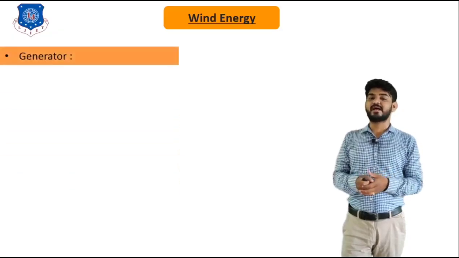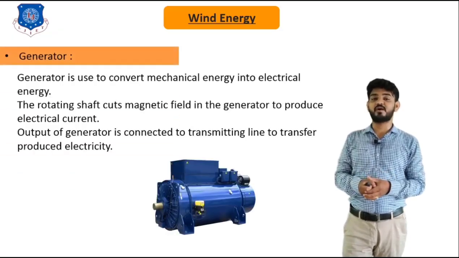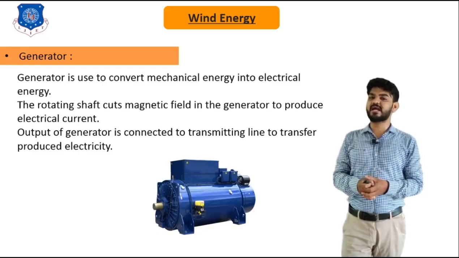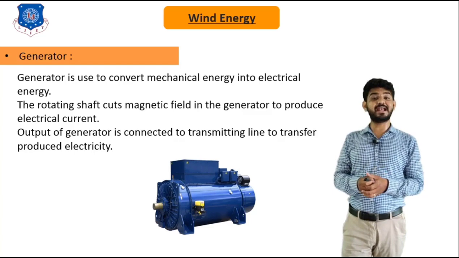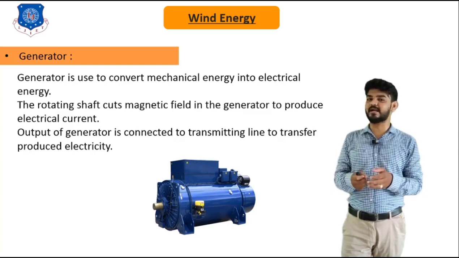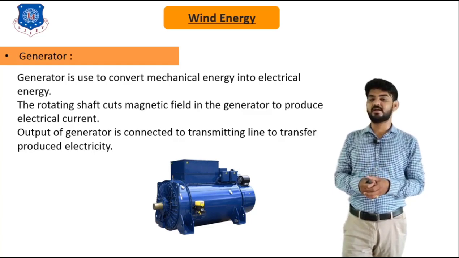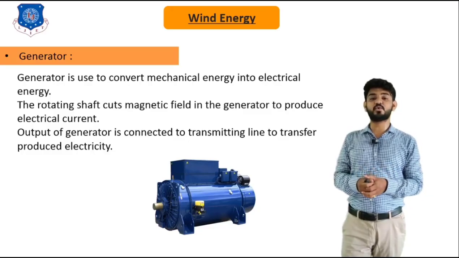We know that as the generator shaft rotates, it cuts the magnetic field and produces electricity or electric current. This electric current can then be transferred to the power grid or load so that we can utilize it.